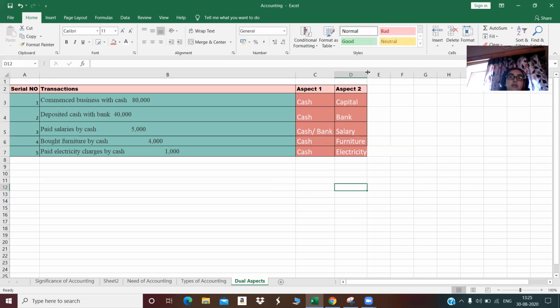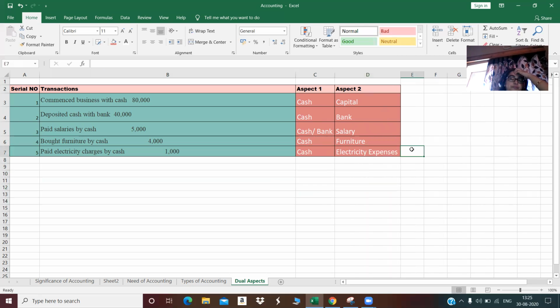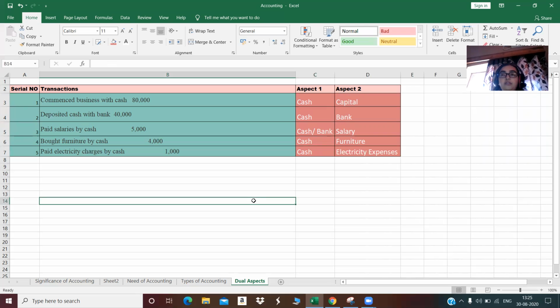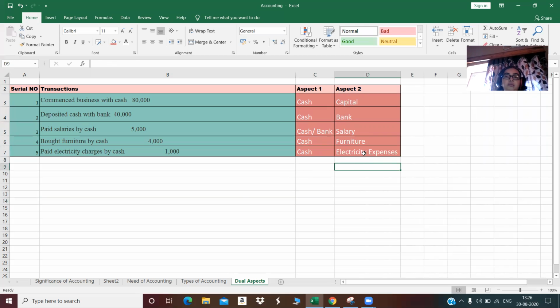So now you are able to identify the dual aspects involved in each transaction. So this is the process of identifying the dual aspects. Based on this, the double entry concept has come up. Double entry system means in each and every transaction there must be two aspects involved, and one of the aspects should be debited and another aspect would be credited.